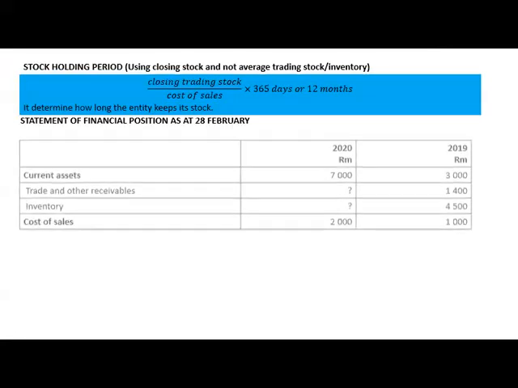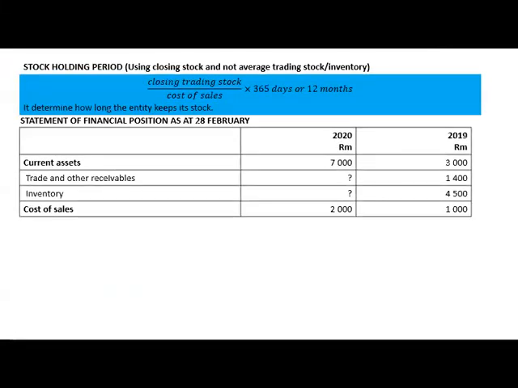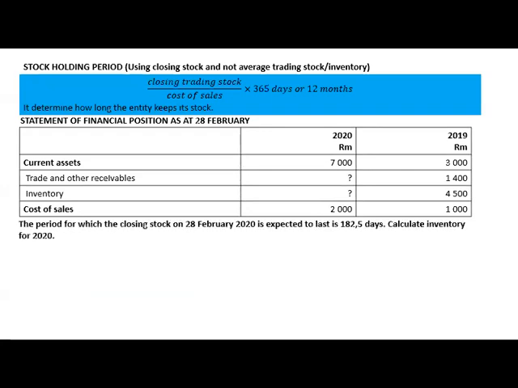Now, let me start with this example here. In this example, we don't have inventory for last year. We don't have inventory for this year. So we know that somehow we have to calculate inventory for this year. The period for which the closing stock on the 28th of February 2020 is expected. You see, here they've been specific. So the period that we're given is the period we expect to have closing stock, which is closing stock on the 28th of February 2020.